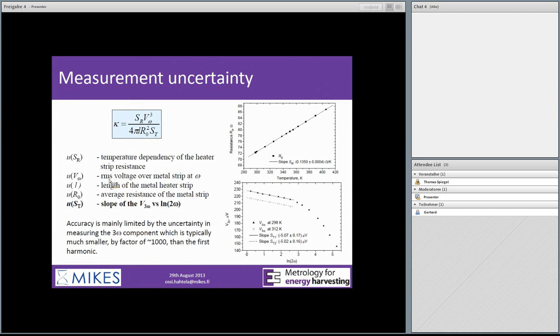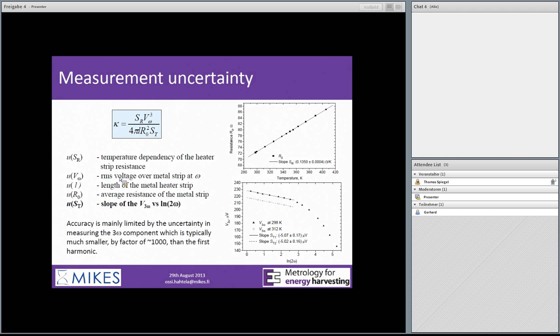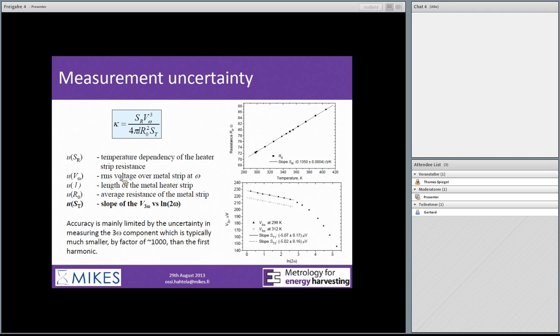We also need to measure the voltage at 1 omega over the sample so that we can determine the power that we use for heating the sample. We also use the lock-in technique for measuring the 1 omega voltage component, and that is typically quite accurate also. Then one parameter is the length of the metal heater strip.